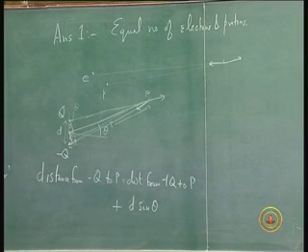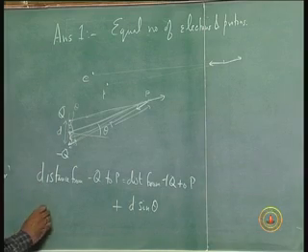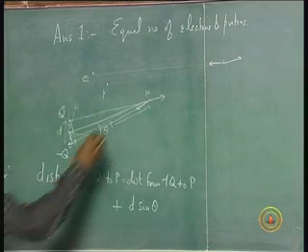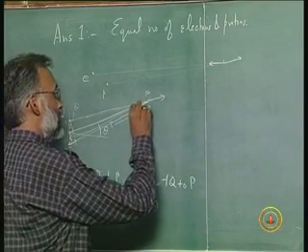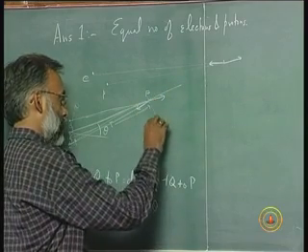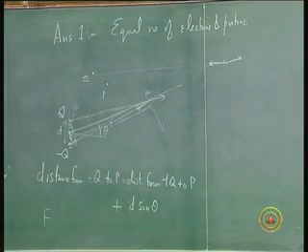Okay. So now if I want to find out what the force is, I am only calculating the force along the radius. There is actually a force also in this direction. We will work that out later when we work out what the electrostatic potential is.